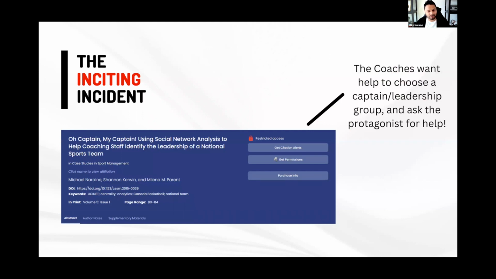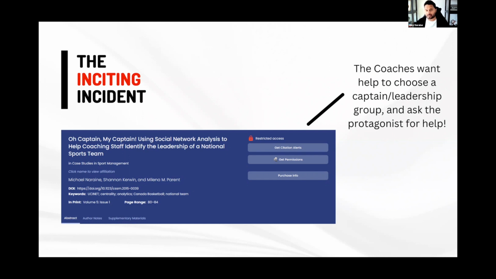So for this example, we'll use another case from Case Studies in Sport Management, as I mentioned. This case is authored by myself and my co-author team, and it's entitled "Oh Captain, My Captain," using social network analysis to help coaching staff identify the leadership of a national sports team.